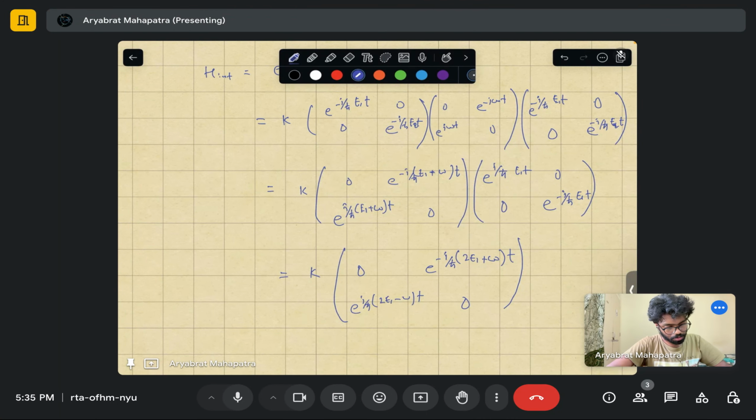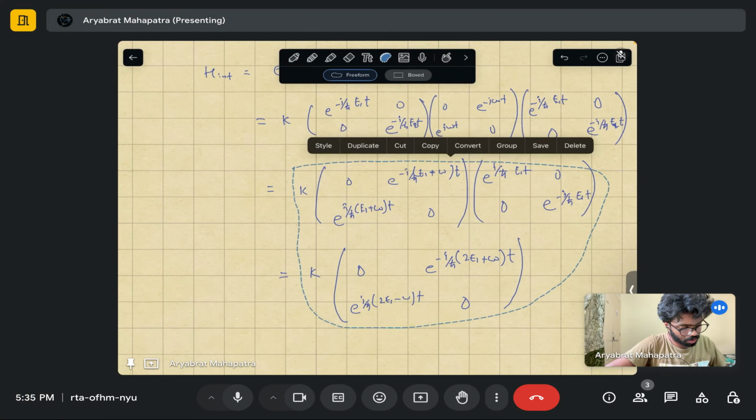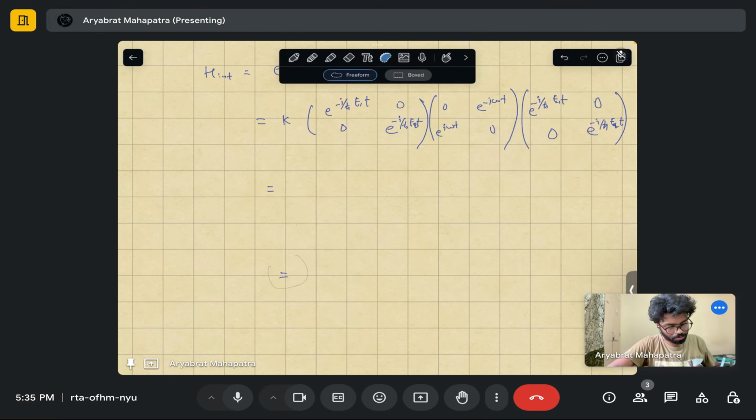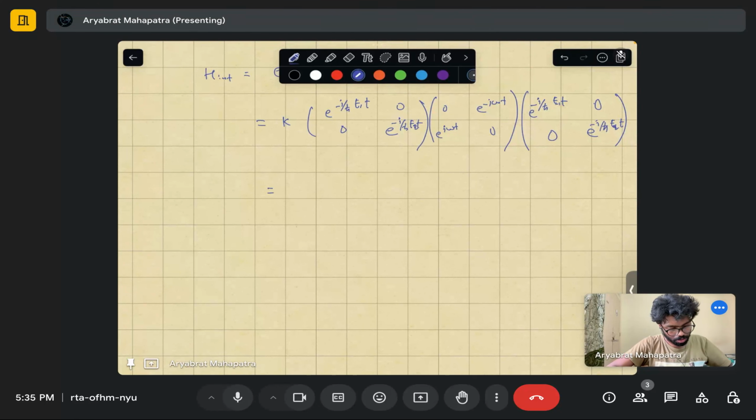If there is a sign problem that I have messed up somewhere, this matrix is easy to compute, so you can just simply multiply it. I was having some sign issue, so I have changed minus E1 to E2 to get the general form. Then at the end you can substitute.